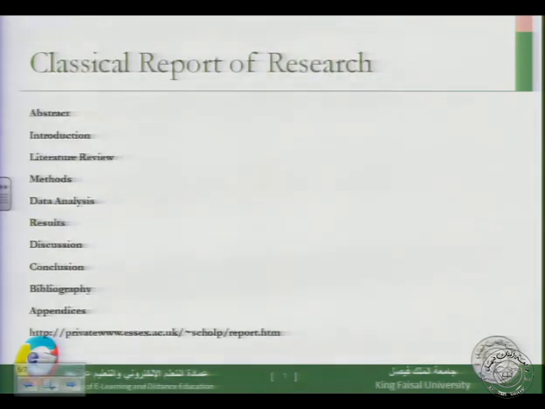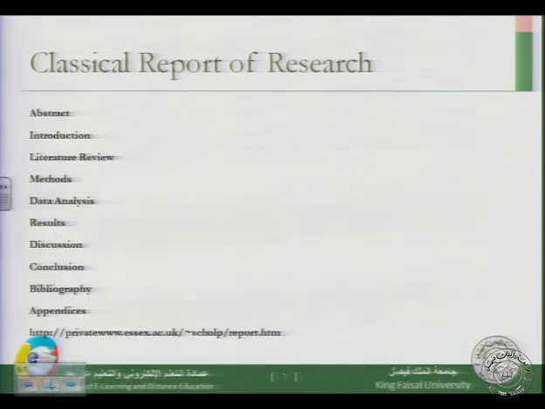In the next class, I'm going to talk about the classical report of research. This is the classical report of research: abstract, introduction, literature review, methods, data analysis, results, discussion, conclusion, bibliography, appendices. And I have here a link for you.